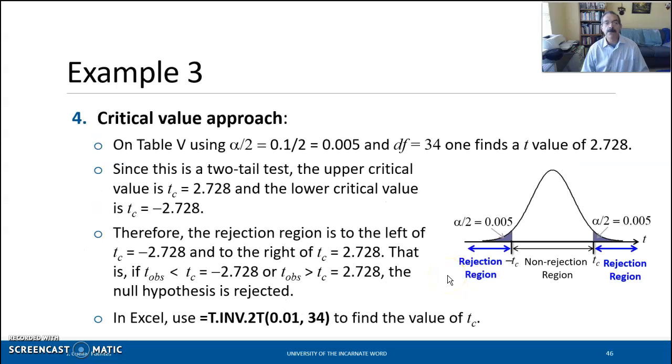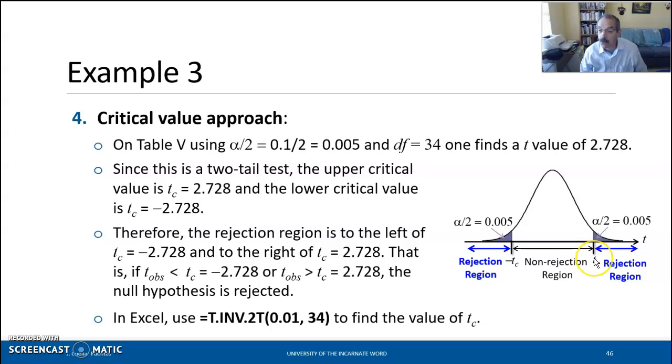All right, in step 4, and again, I'm going to illustrate both approaches. We're going to look at the critical value approach. All right, on table 5, alpha is divided between the two tails because it's a two-tail test. So for a probability of 0.005 and the degrees of freedom of 34, looking at that row of degrees of freedom of 34 under the column of a probability of 0.005, you find a t-value of 2.728.